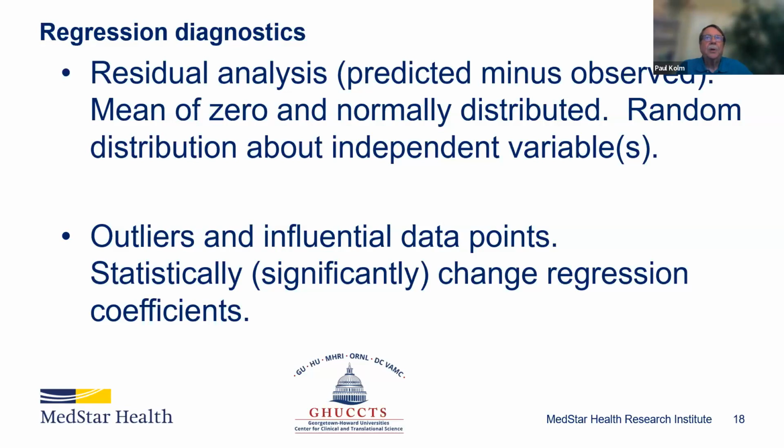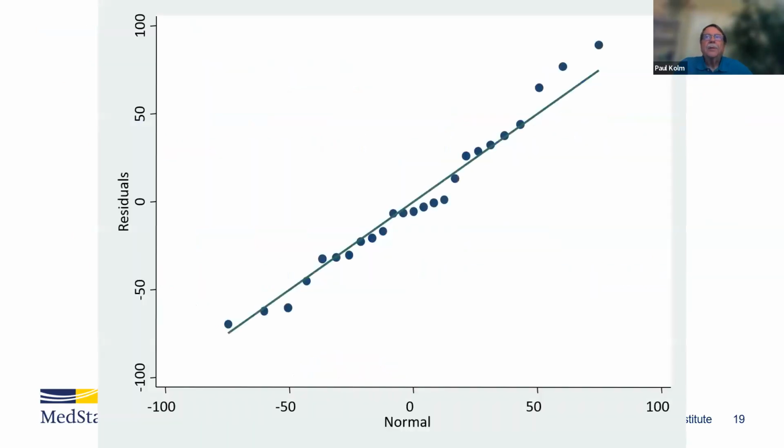So if we look at our residuals, take our predicted minus observed, and we plot that against a normal distribution with mean of 0, then this is hopefully what we should get. So the straight line, if all the points, which is a plot of the residuals against the normal distribution, should fall on that straight line. Now, in this case, they don't, and obviously there are never any real data that you analyze where every point's going to fall on that line.